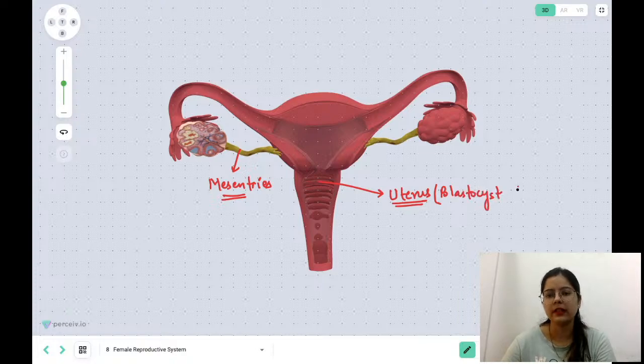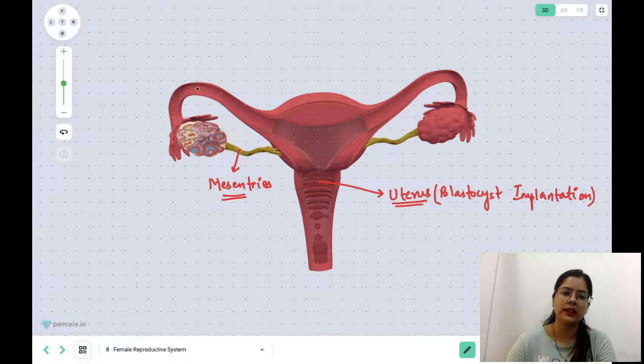This is primarily meant for blastocyst implantation. तो जो fertilization होता है वो आपका यहाँ पे होता है. This means that your ampulla region. So ampulla is the site of fertilization.